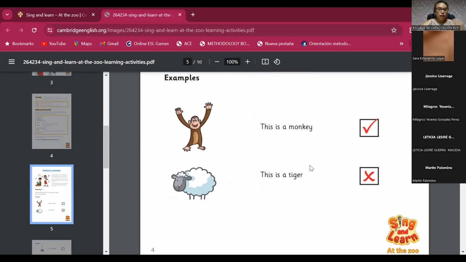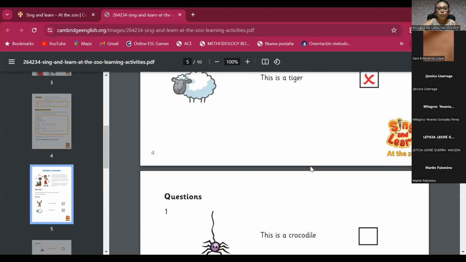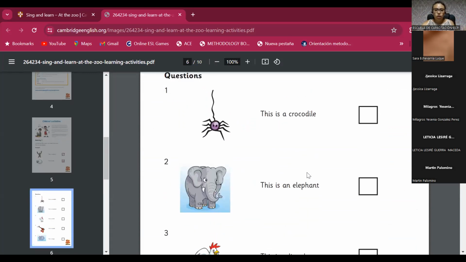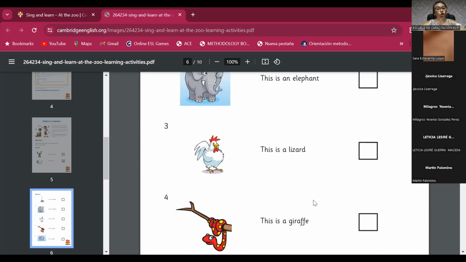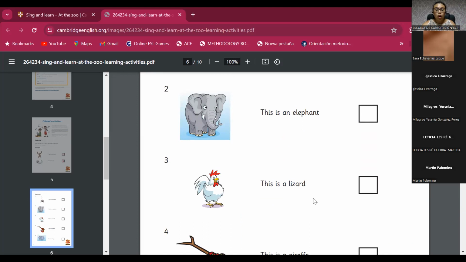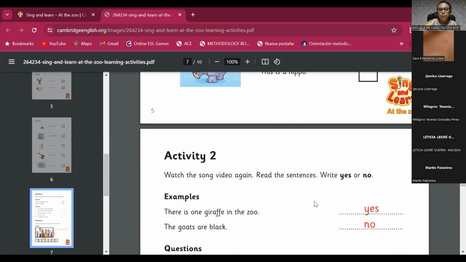This is a monkey, yes or no? Yes, it's a monkey. This is a tiger, yes or no? So they are going to recognize the animals. Do they need to read? Not necessary, because you can read and they only tick or cross. What else? Questions. This is a crocodile, this is an elephant, etc. Because all these animals appeared in the video.